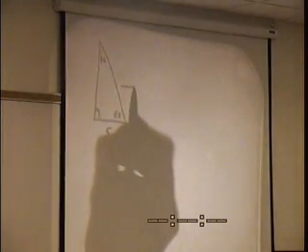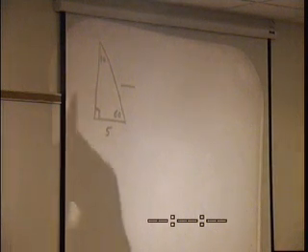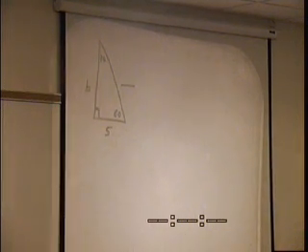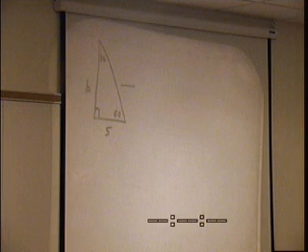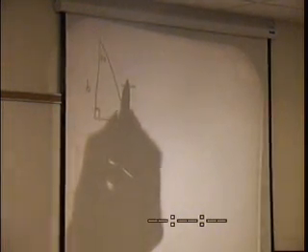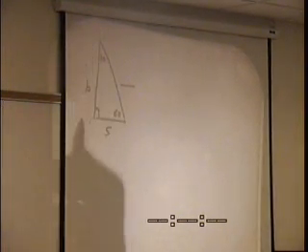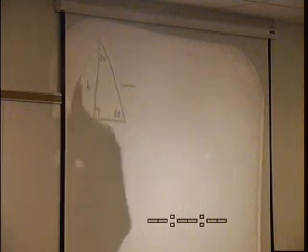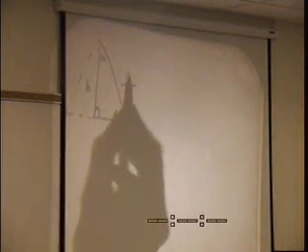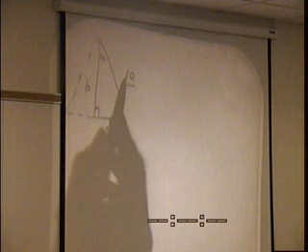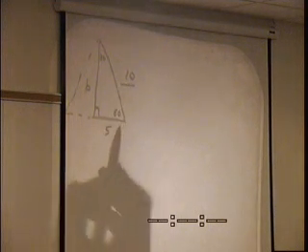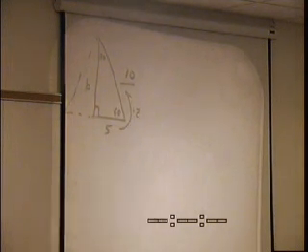Find this side, but don't just write this one down. I'm going to actually solve it using Pythagorean Theorem. Can everybody see what this side is by looking at it? That it's 10 because it's half of an equilateral? This side is 10? Okay. This side will always be double this one. We always multiply by 2.